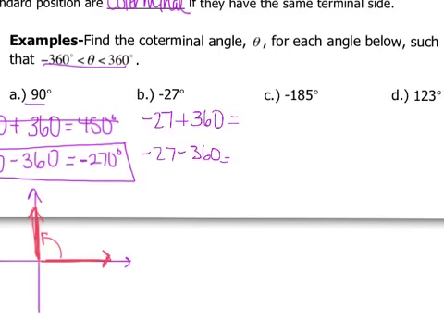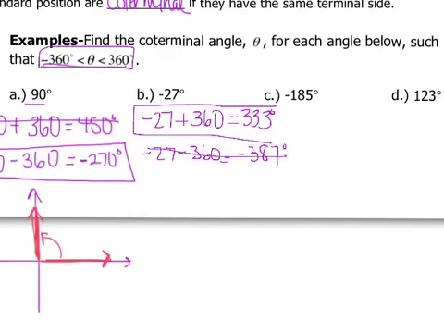What did we get for the first part? 333 degrees. And what about the second one? Negative 387. Keep in mind we have this interval of positive to negative 360, so we need to cross out the second one. And that first 333 would be our coterminal angle.